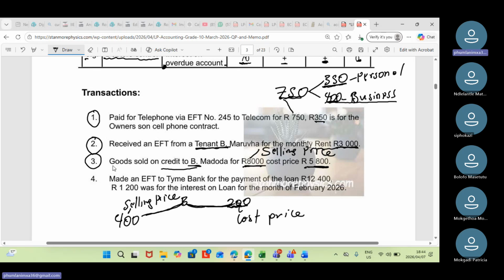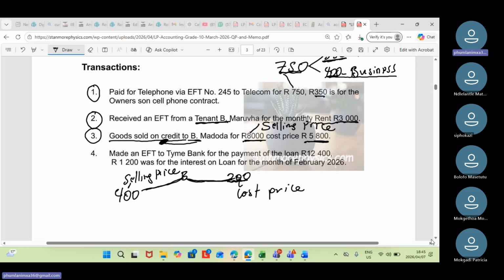I want you to note something. Goods sold was selling goods on credit. Just like with selling second-hand calculators, if someone needs a calculator but doesn't have money, you say, I am going to give you this calculator with a selling price of 400, but you will pay me later whenever you have money.